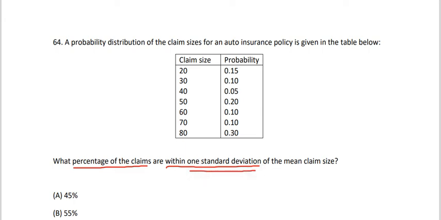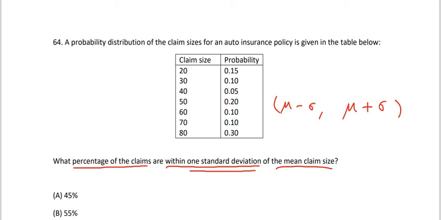At first we find one standard deviation of the mean claim, so mu plus sigma, or mu minus sigma. So we want to find such a range, and in such a range, how much probability for this interval.